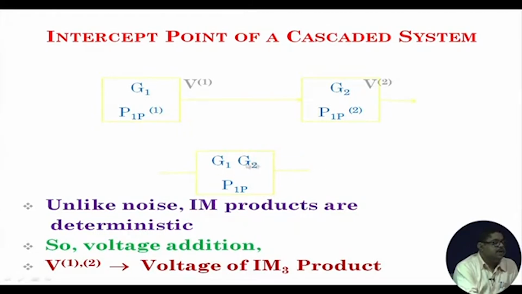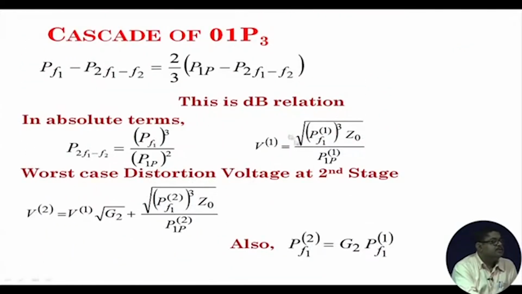So, we know that their overall gain will be G1 G2. Let us say their overall third order intercept point is PIP. Now, unlike noise, IM products are deterministic, please remember that. So, voltage will add. The voltage of the IM3 product will simply be added, it is a deterministic signal.